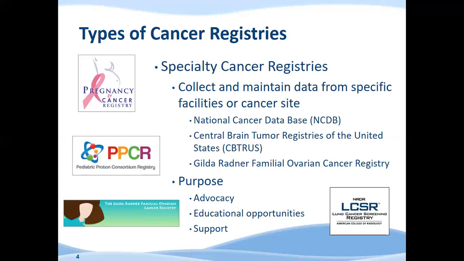That's quite the mouthful. These are the most known specialty cancer registries, but there are many others out there, as are listed on the screen here. Now, the purpose of these specialty registries can be to provide advocacy, educational opportunities, and to support those who suffer or have family members that suffer from the disease.